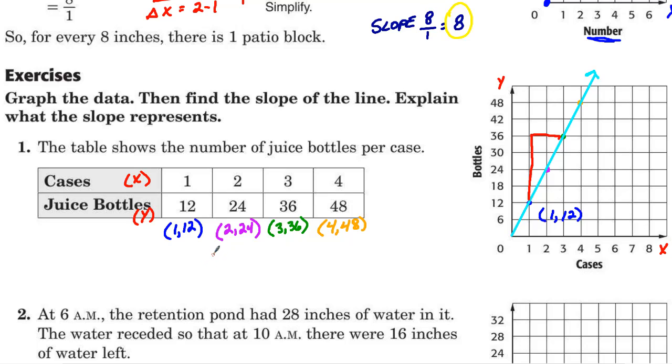So we're looking at the change in y, the delta of y. Well, this point, and I forgot to label the rest of mine, so I'm going to go back. Hopefully you did this. I got so excited about slope, I forgot to label the rest of them.